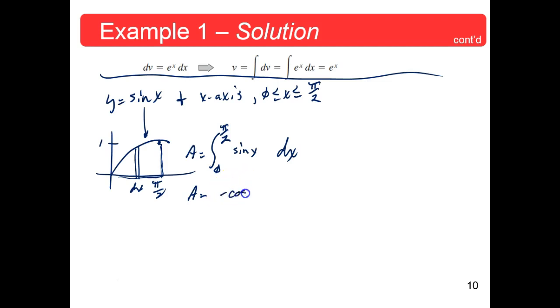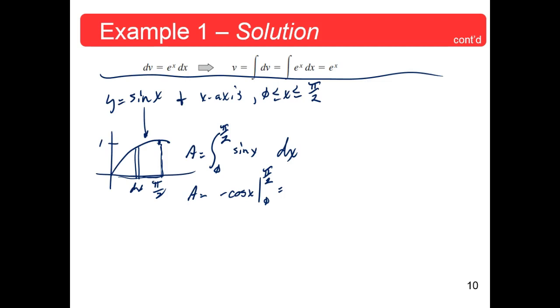Negative cosine x evaluated from 0 to pi halves. Okay? And when x equals pi halves, cosine of pi halves is 0. So the first part there would be 0, negative 0 if you wanted to.